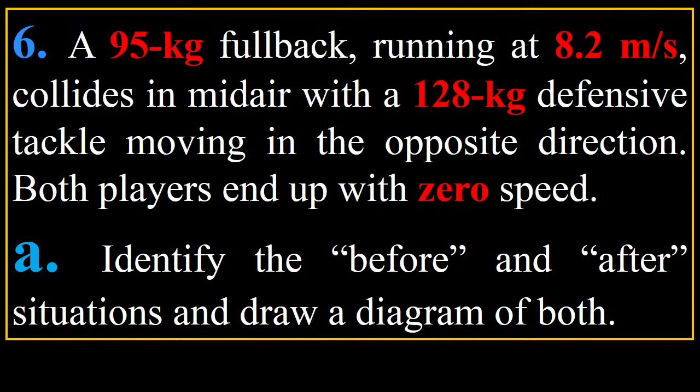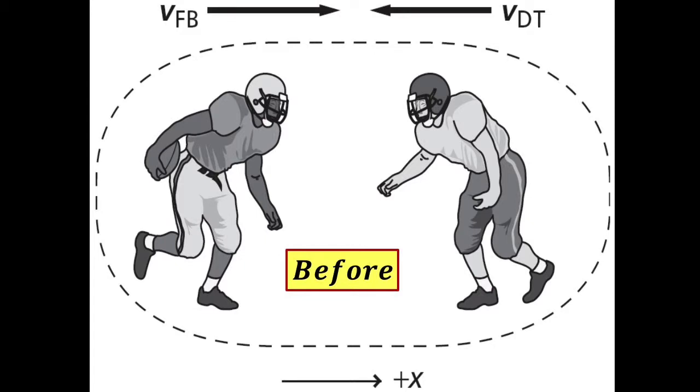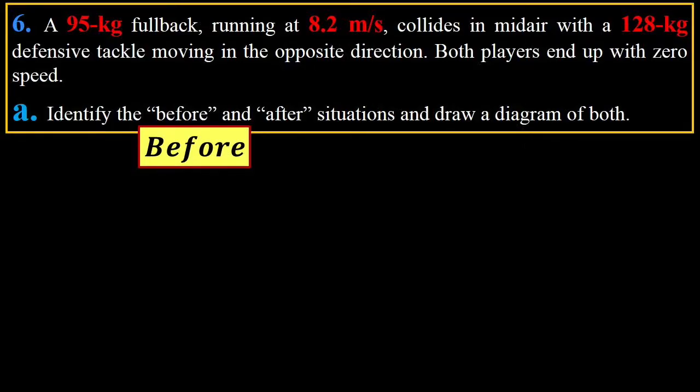The free body diagram, although it wouldn't be quite this well done, would be the fullback running from left to right and the defensive tackle from right to left.